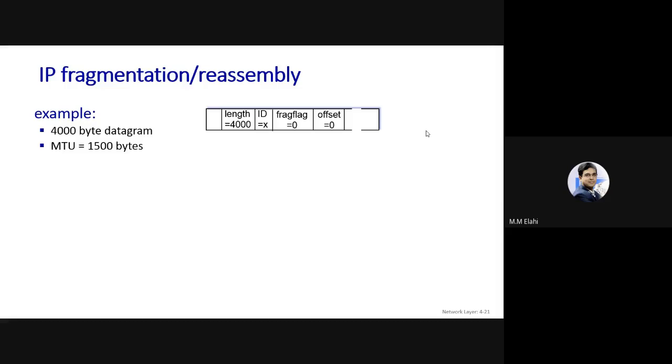Okay, before that, 4000 bytes length, that means what is the data? How many bytes data or payload?